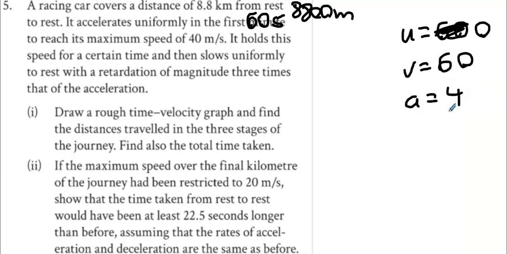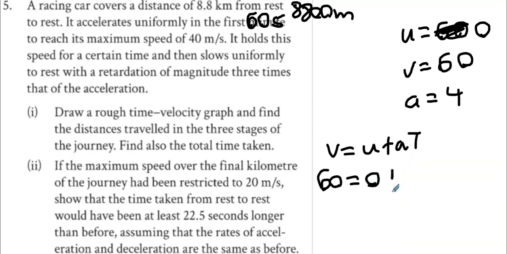You happy with that? Now, V equals U plus AT. Next, 60 equals 0 plus 4T. Everybody happy with T equals 15 seconds?